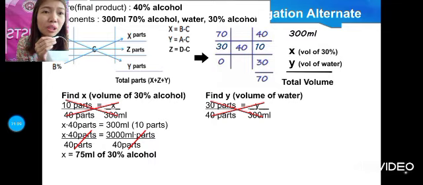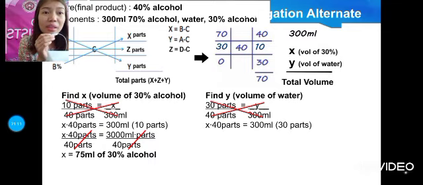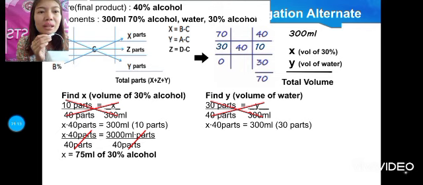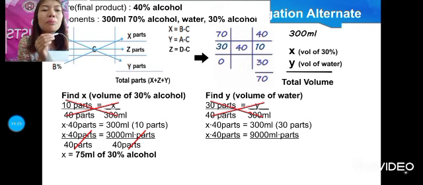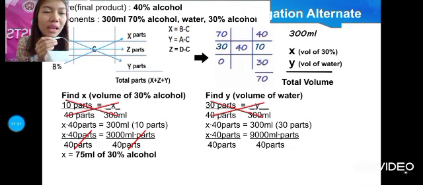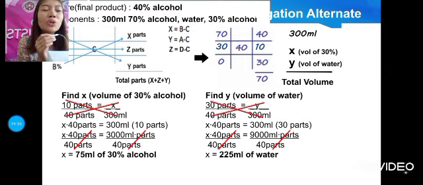We cross multiply, and it will become like this. Y times 40 parts is equal to 300 ml times 30 parts. Proceeding to the multiplication, it will become Y times 40 parts is equal to 9000 ml parts. Divide both sides of the equation by 40. So Y now is equal to 225 ml of water.